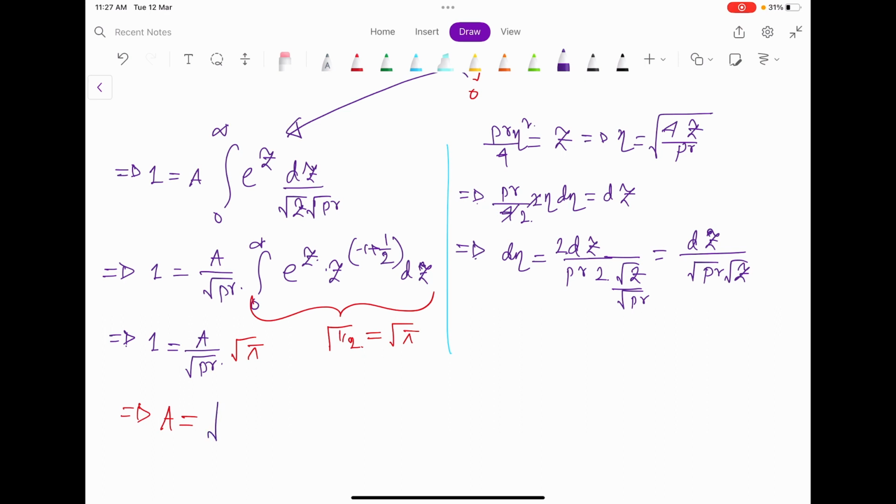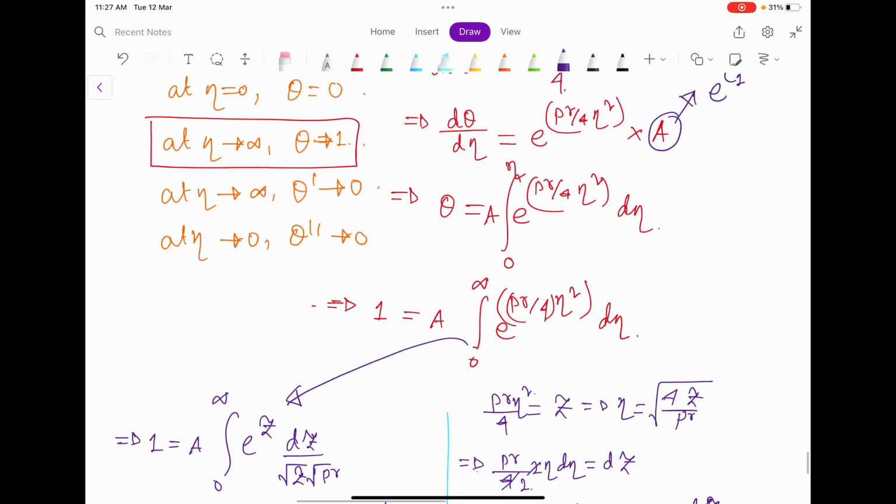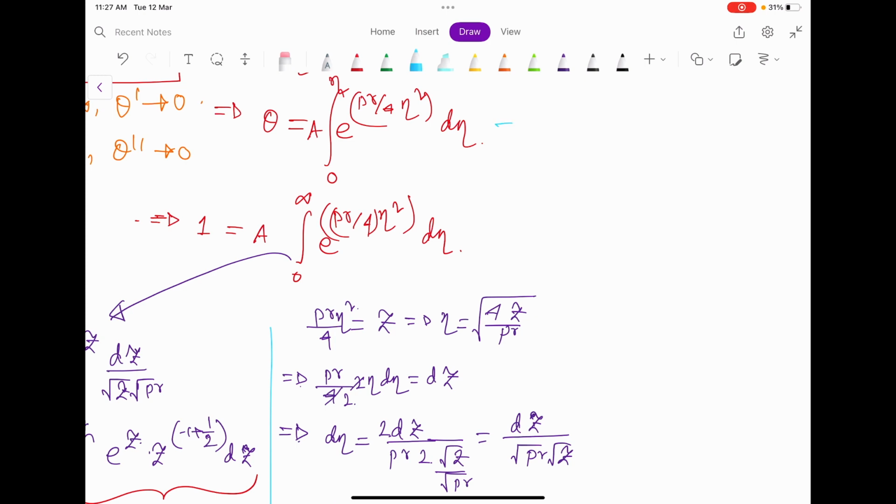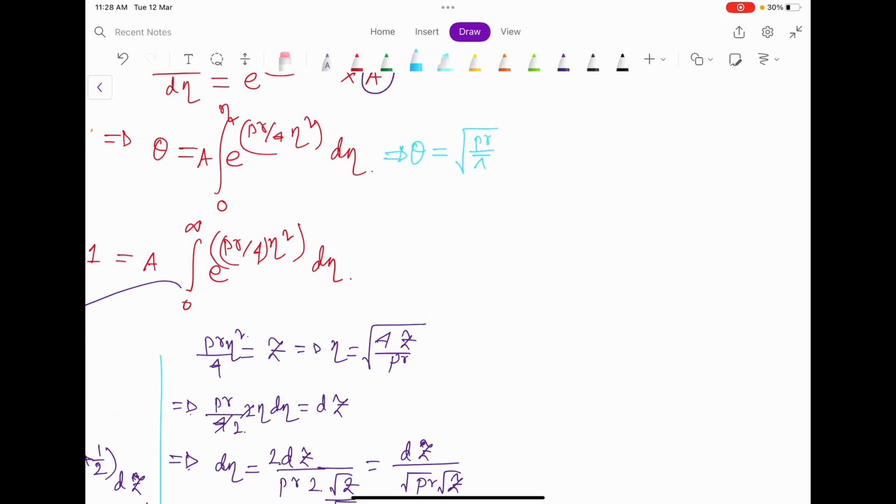So a is equal to root over of Pr by pi. Okay, so now I have completed my solution. So that means my theta is equal to root over of Pr by pi, integral 0 to eta of e to the power this thing.